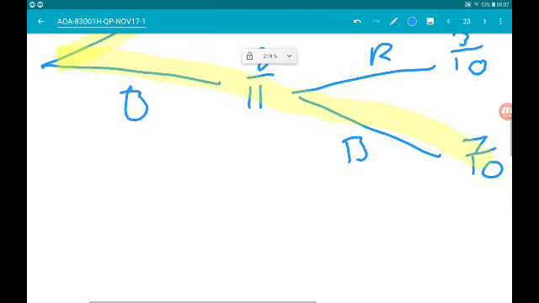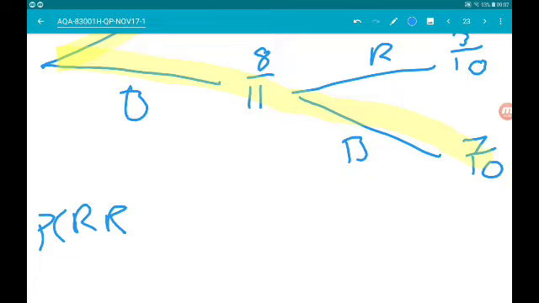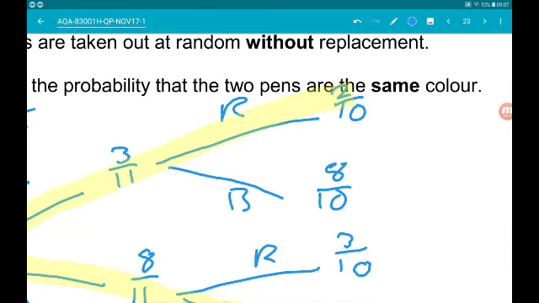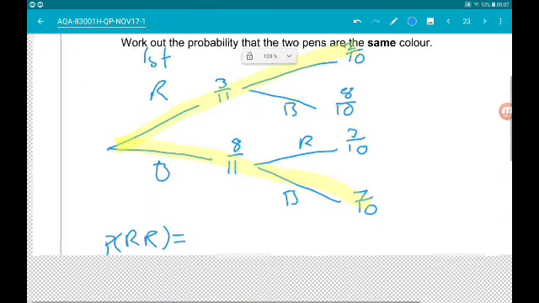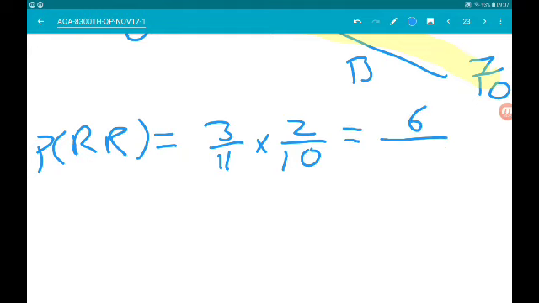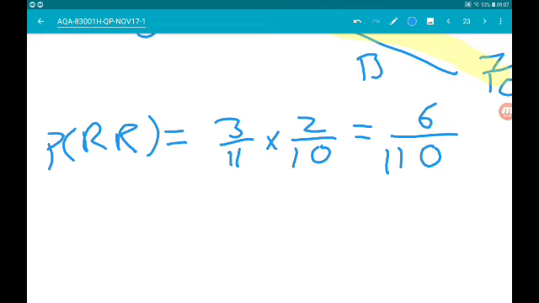So the probability, let's say, of red is 3/11 times 2/10. Now that is going to give us 6/110. You might wonder here why I'm not simplifying these fractions. I'm going to wait and see what happens with the probability for black.